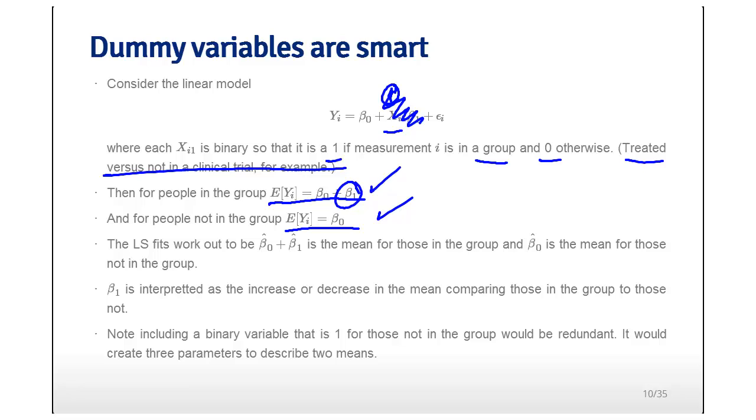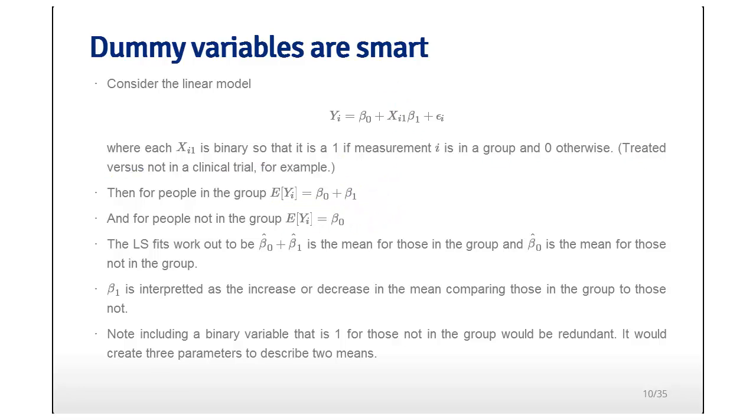Let me get rid of some of those marker drawings so I can draw some more. So notice what beta 1 is if we subtract these two: it's the difference in the means. This is the mean for all the observations in the x equals 1 group, and this is the mean for all the observations in the x equals 0 group. If we subtract those two, we get beta 1.